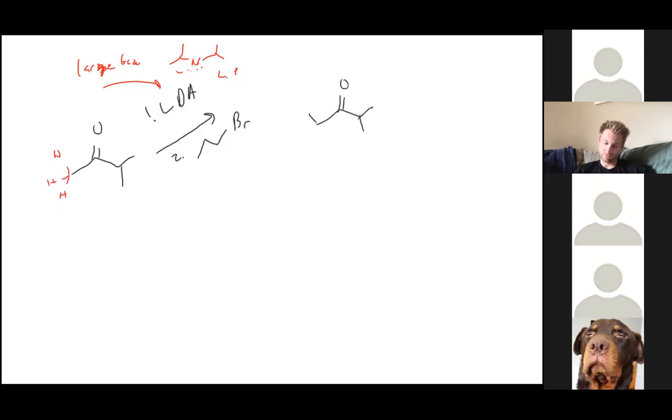We're adding 3 carbons. Versus if we used a small base, it's going to let us pull off this other alpha proton, leading to alkylation at a different position. So your normal large, small base rules apply.